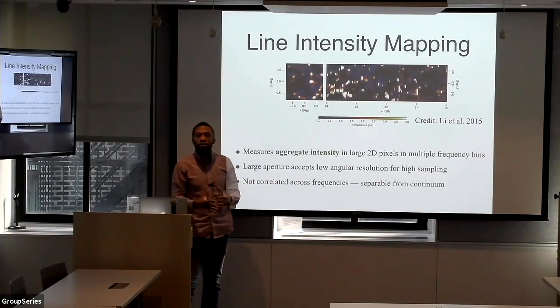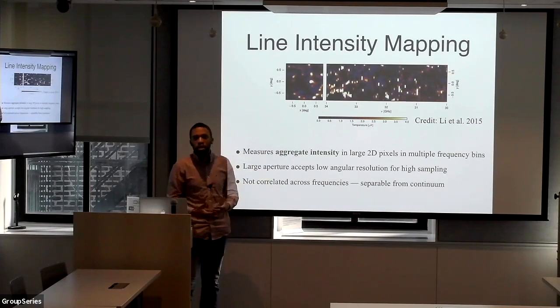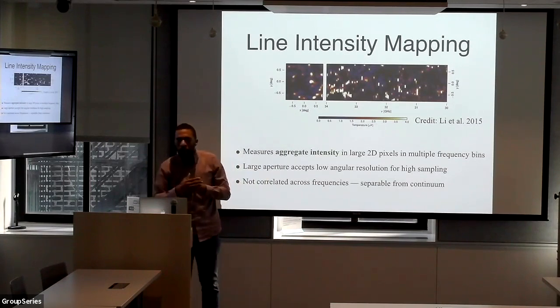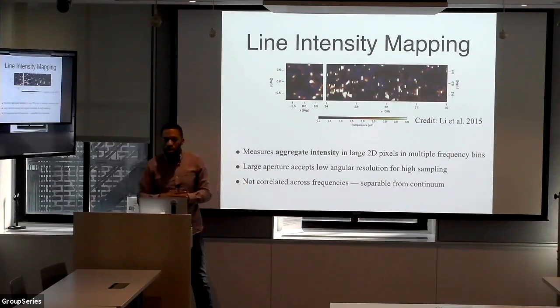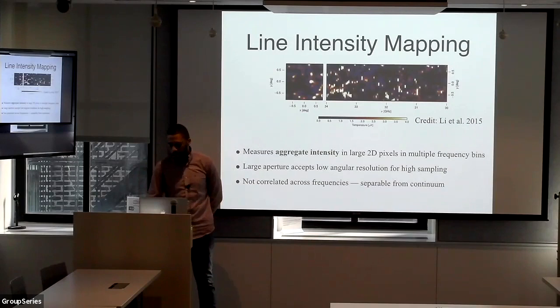And so this will allow you to see much larger volumes and much farther distances than you can with the traditional galaxy survey, because the massive halos that you can measure with intensity mapping are much smaller than what you can see with the traditional galaxy survey, on the order of four orders of magnitude.